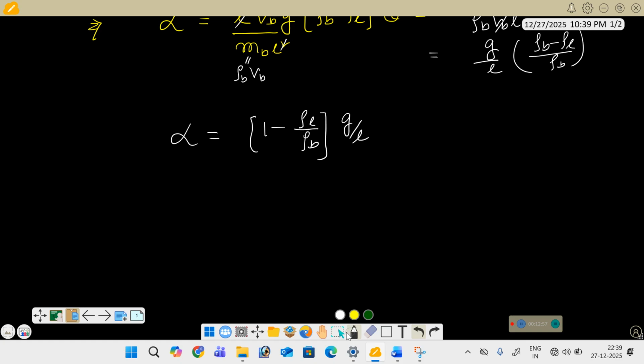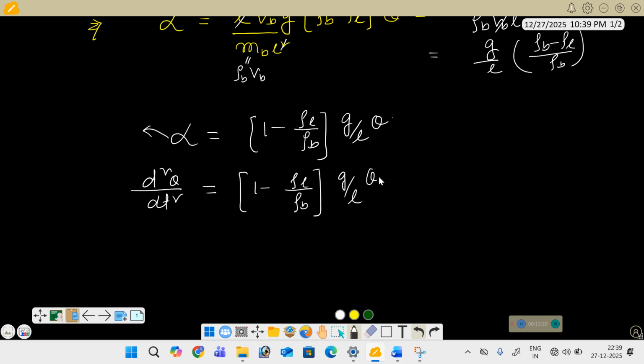Now for alpha, what can we write? It is d2 theta by dt2. Alpha is the angular acceleration here. So we can write d2 theta by dt2, the second order differential with respect to time for this angular displacement, as (1 minus rho L by rho b) into G by L into theta.